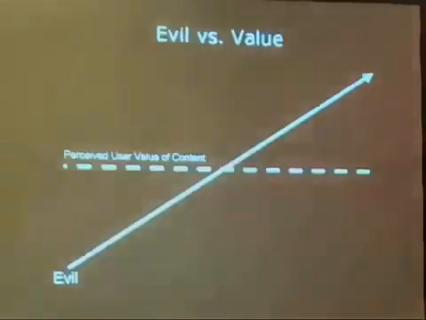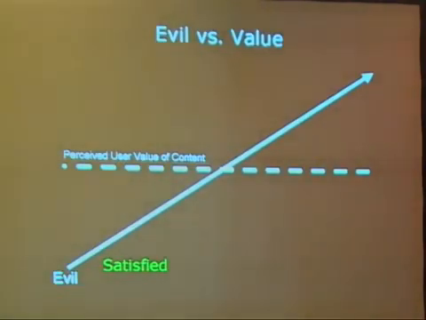So if you consider this axis of evil, I didn't mean to say that. If you consider this axis of evil, at some point it is contrasted against the value of what the user is trying to accomplish. If evil is far less than the value, if they don't have to deal with a little bit of evil and they get something they value far more, then they're satisfied.